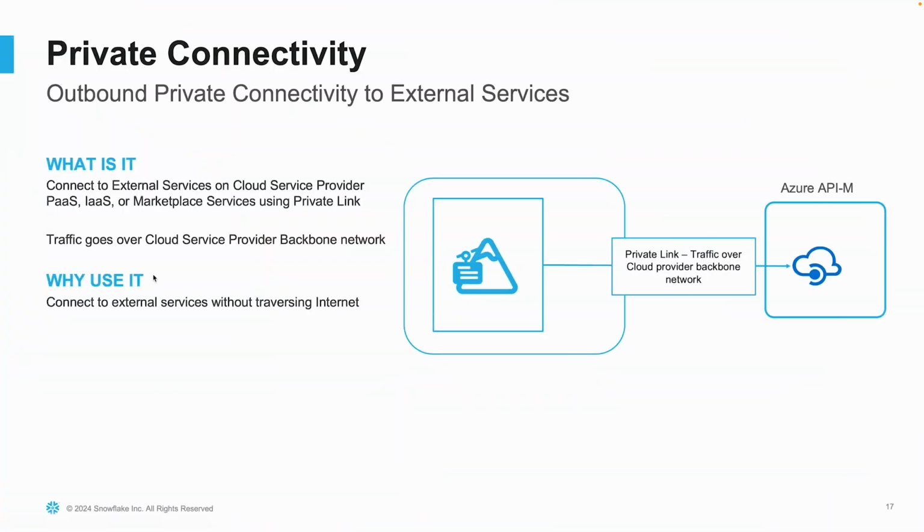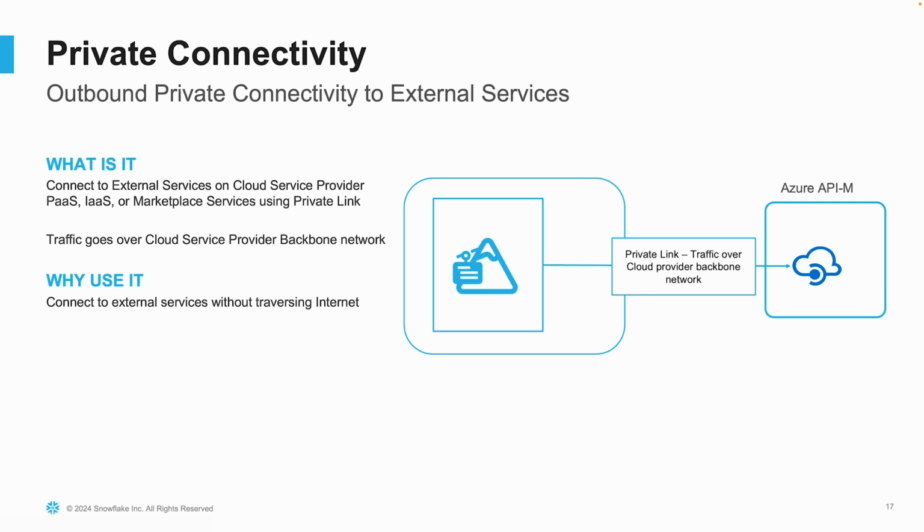What is outbound private connectivity? As some of you already know, external access allows you to connect to any resources available on the public internet. But there are resources that are not always available on the public internet. And that's where private connectivity comes into the picture.